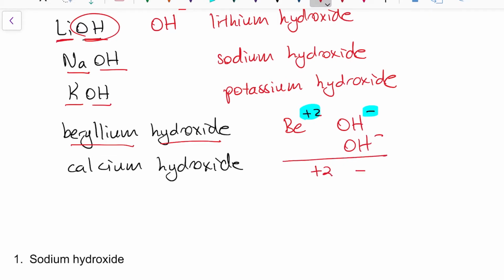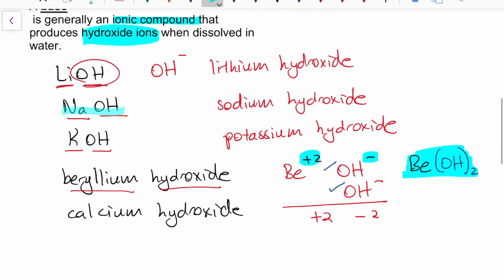So this is going to be +2 -2, so it's going to be Be, 1, 2. 2 of them. So I have to put the OH in parentheses to show that I need 2 of the whole thing. So beryllium hydroxide is going to be Be(OH)2.